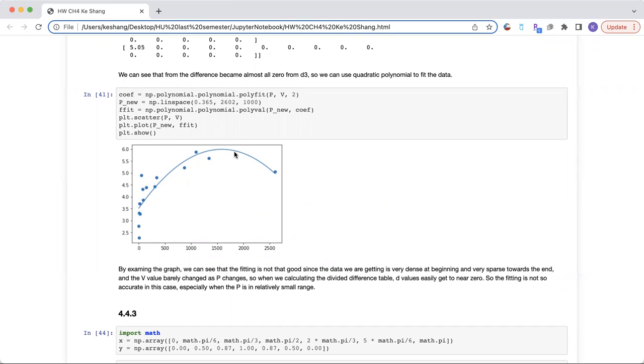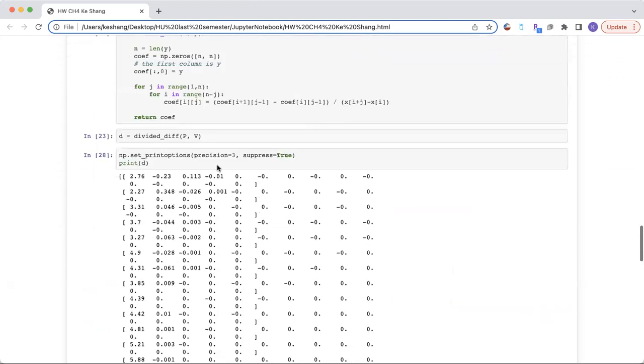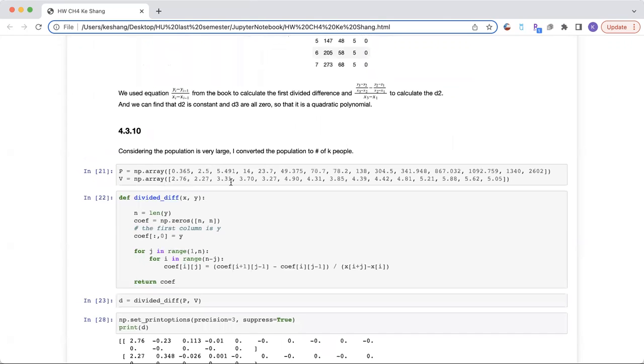As we can see, this is not a great fit, since those points vary a lot from our line here. I think this is because the data are very dense at the beginning part and very sparse at the following part, and also the v values change only a little bit as the p value increases.